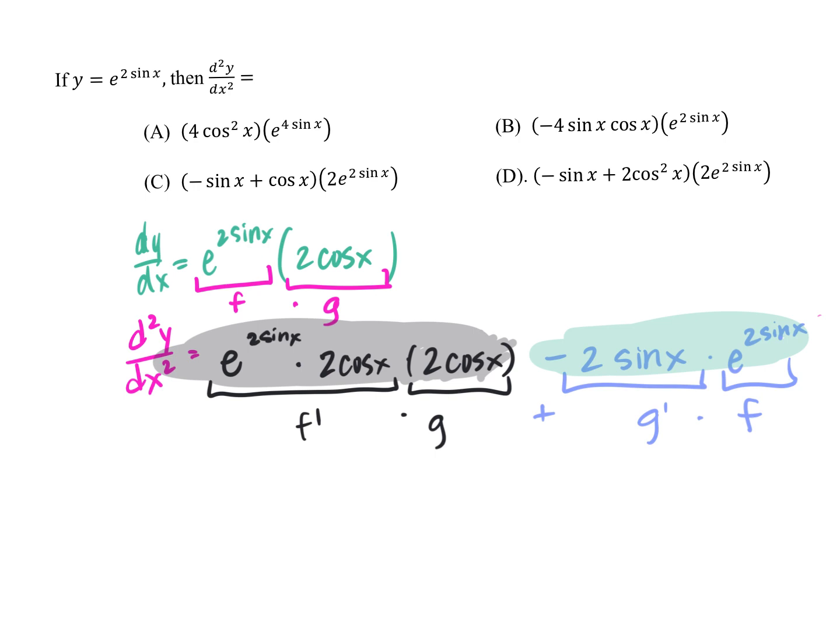They both have 2 cosine. This guy doesn't have a 2 cosine. They both have a 2, don't they? So I'm going to say, all right, this guy's got an e to the 2 cosine and a 2. This guy's got a 2 and an e to the 2 cosine. All right, so we're saying that second derivative, can we factor that out? In fact, we'll factor out a 2e to the 2 sine. To the 2 sine? Yeah.